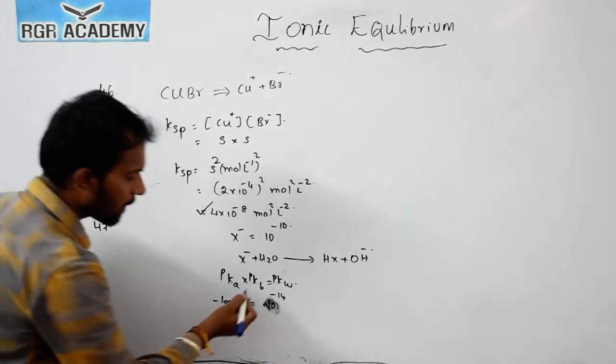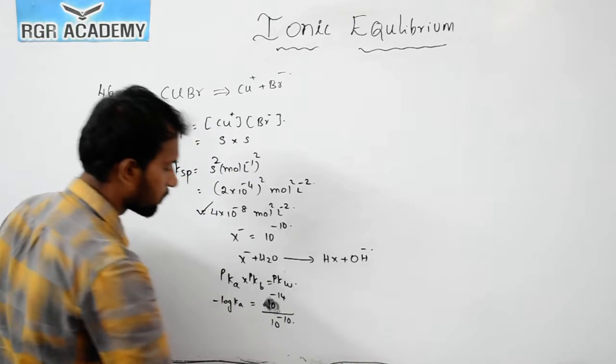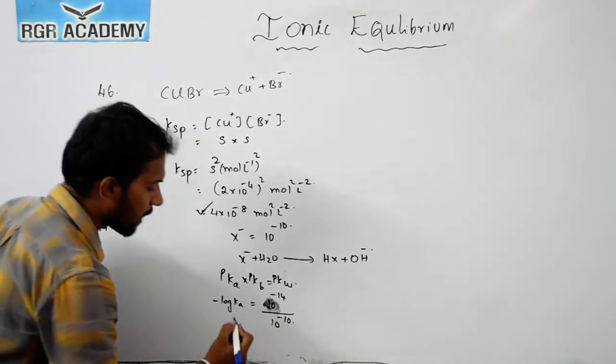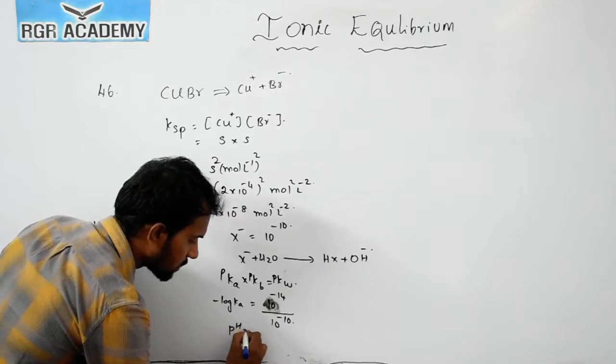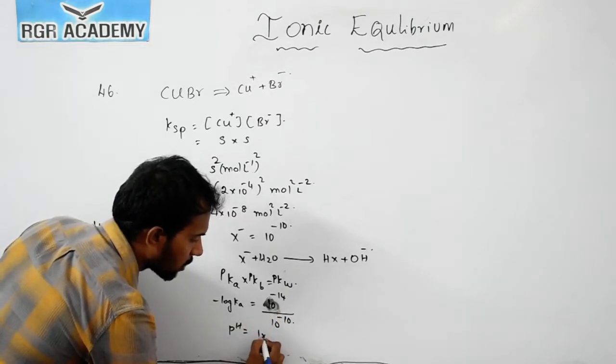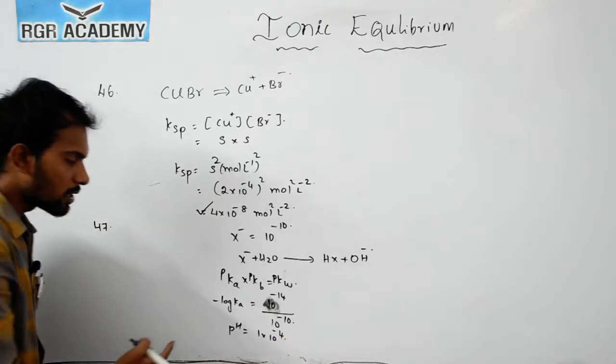So the Kb value is 10 power minus 10. So pH is equal to minus log Ka, and Ka is 1 into 10 power minus 4, right?